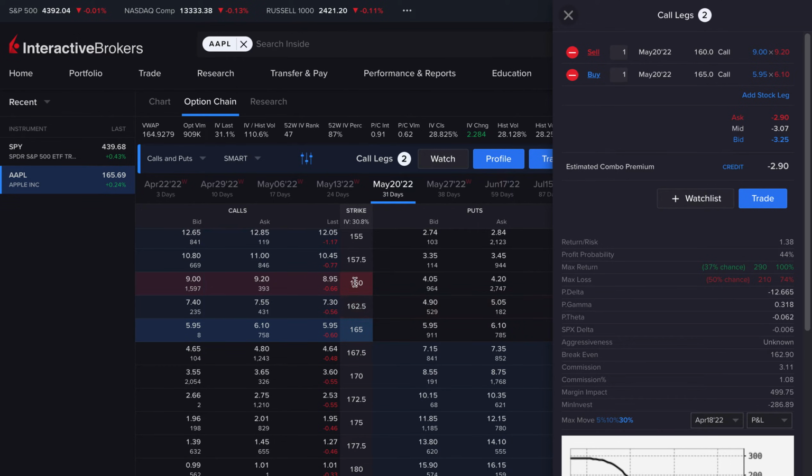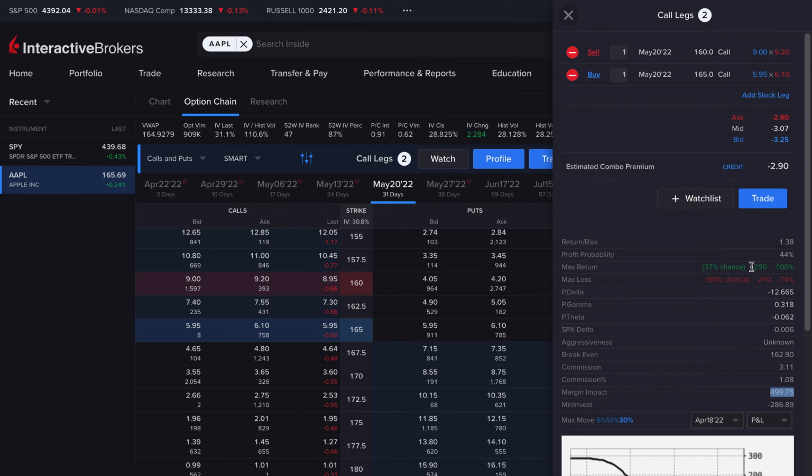However, if I'm above $160, every dollar above, okay, is $100 knocked off my collateral. So let's say the price expires at 162, okay, or 61. Let's keep it simple. 161 by expiration.